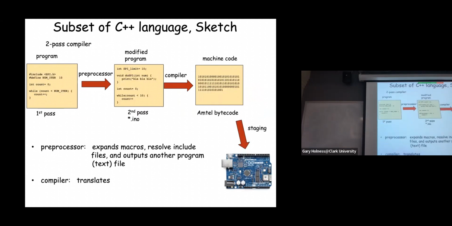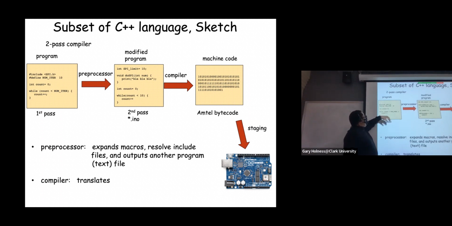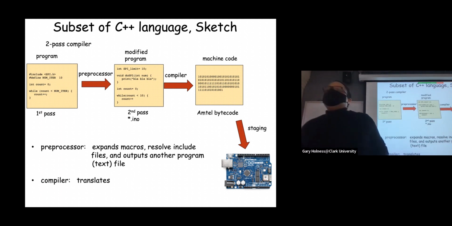What really happens is there's a second pass for this compiler. This compilation or translation happens in two passes. The first one is called pre-processing, and the second one is the actual translation, which is the compilation. When you do pre-processing, there are special commands called preprocessor directives. Two of the major ones that you'll see all over the place is number sign include space, and then in angle brackets, you'll see some name with an extension.